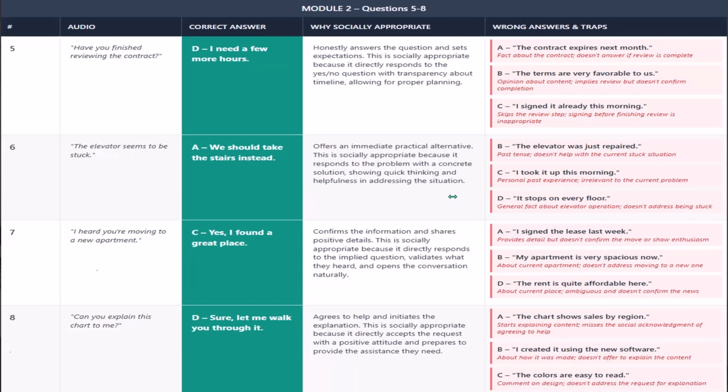Oh, you're talking about C? I signed it already this morning. Yeah, but C doesn't directly answer the question. Yeah, it has to be D. I need a few more hours. That answers if you finished or not.